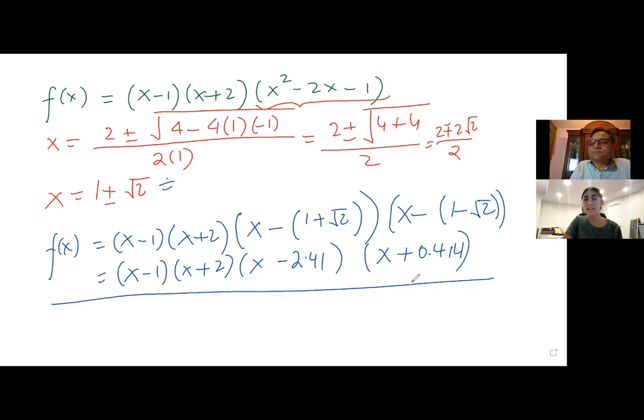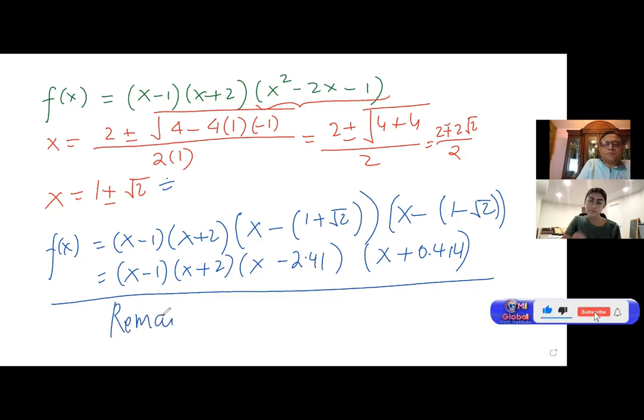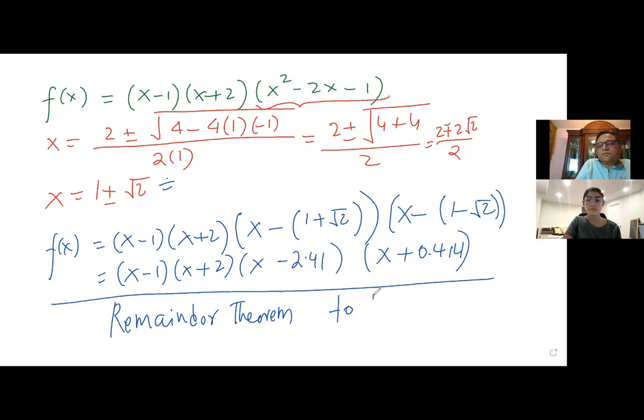We factored, so we used the remainder theorem to factor. It is also called the factor theorem because if the remainder is 0, then it is a factor. Is it okay? Yes. Correct.